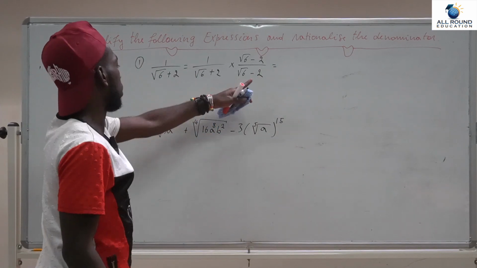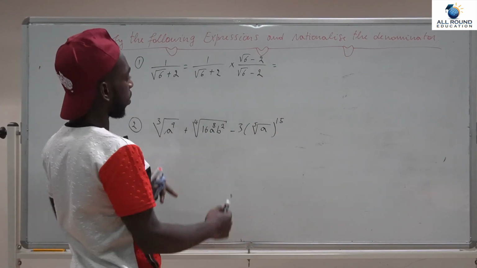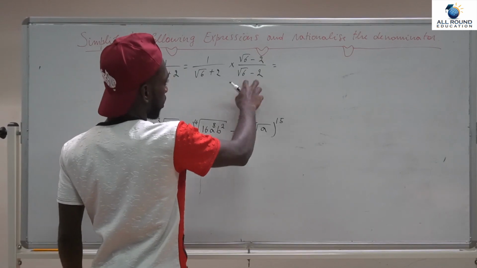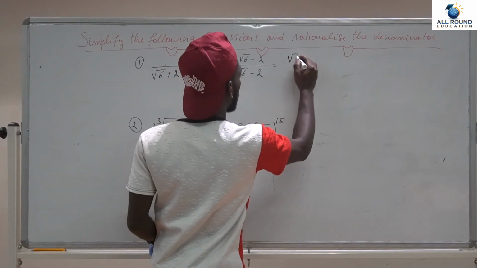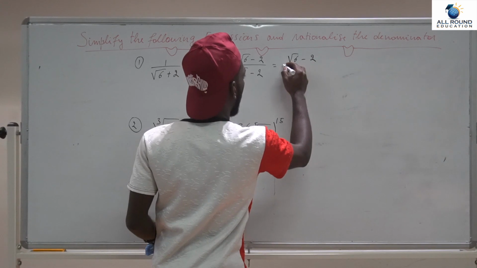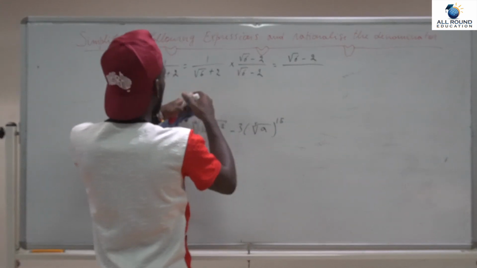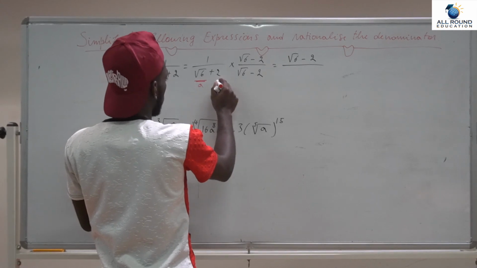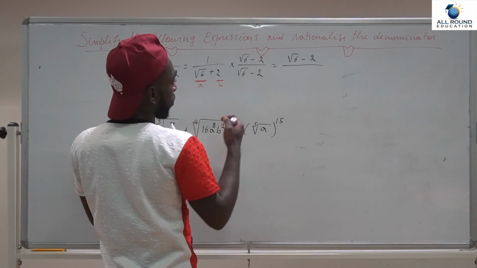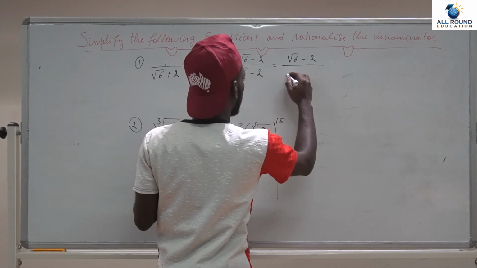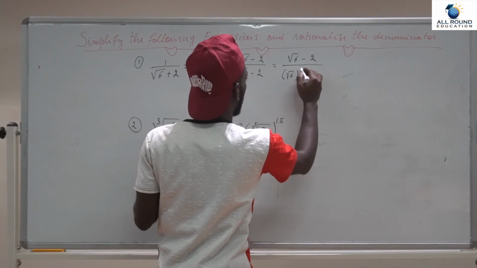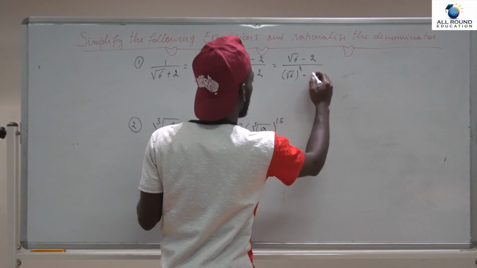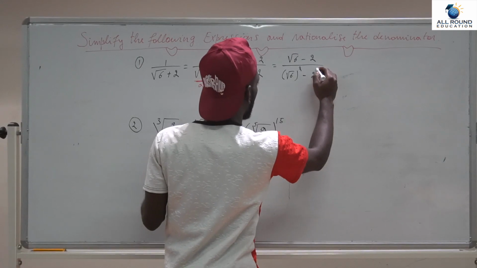When you do that, on the next line, it will be root 6 minus 2 over, and in our situation, this is acting like our a, and this is acting like our b. So you then have root 6 squared minus 2 squared.